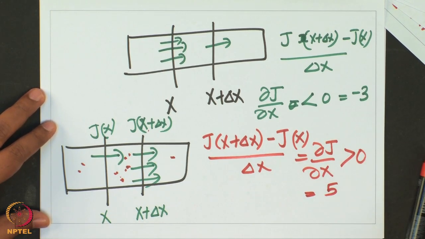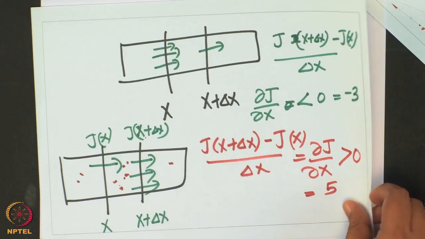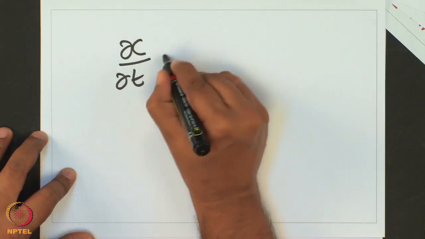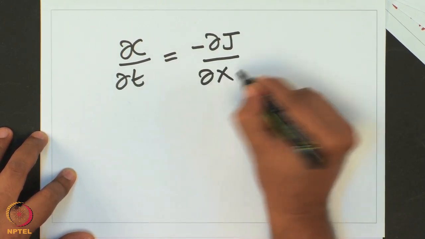Now, if we write our diffusion equation, which is saying that the change in concentration here is equal to this difference, the claim we are making is that del C by del t is minus del J by del x.